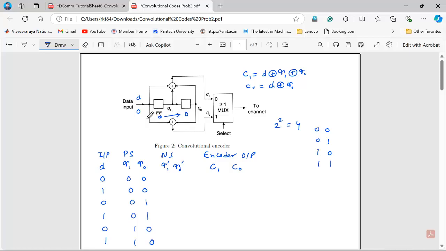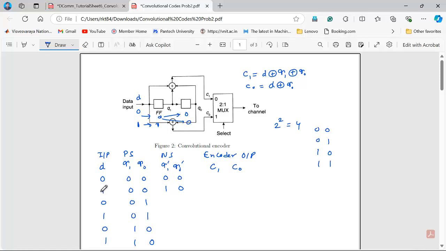It is shifting basically. So the next state here will be 0 0, all are 0. Next time we feed 1. Now the message is 1, so this 1 will shift into the first flip-flop, and whatever 0 is here is shifted into the second flip-flop. So now the state is 1 0.